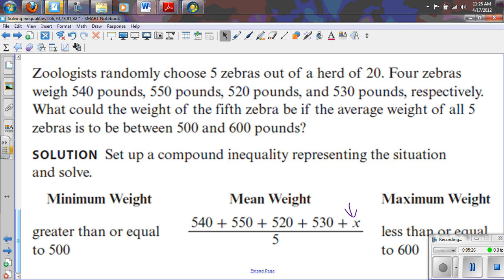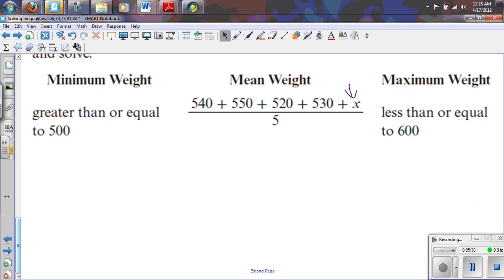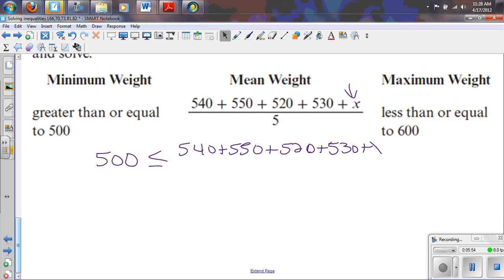But we do know that all 5 zebras need to weigh between 500 and 600 pounds. So we're going to create an inequality here with this information where 500 has to be the bottom, so it has to be greater than or equal to 500, this 540 plus 550 plus 520 plus 530 plus x all over 5, and that has to be less than or equal to 600.